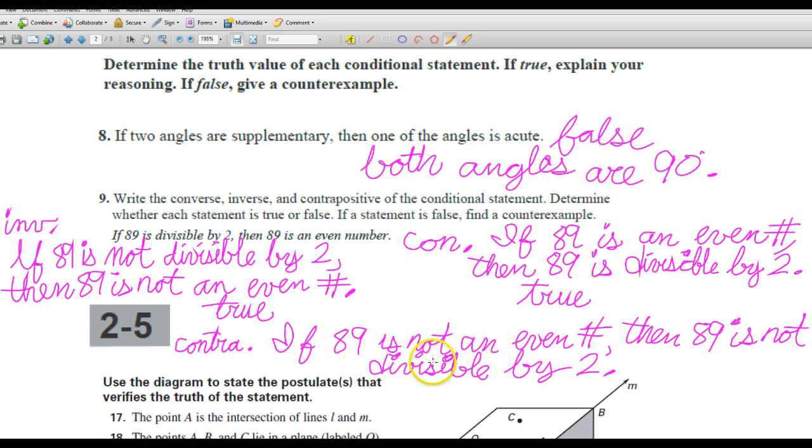So if 89 is not an even number, then 89 is not divisible by 2. So if 89 is not an even number, okay, that part is true, then 89 is not divisible by 2, and that part is true. So this is also a true statement. The contrapositive is true.